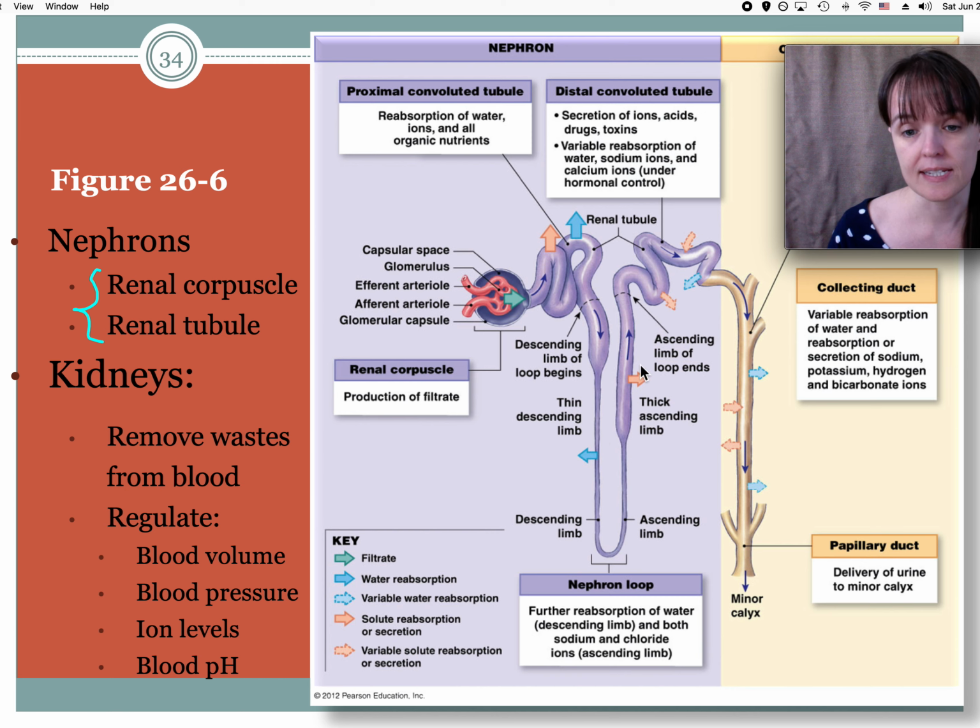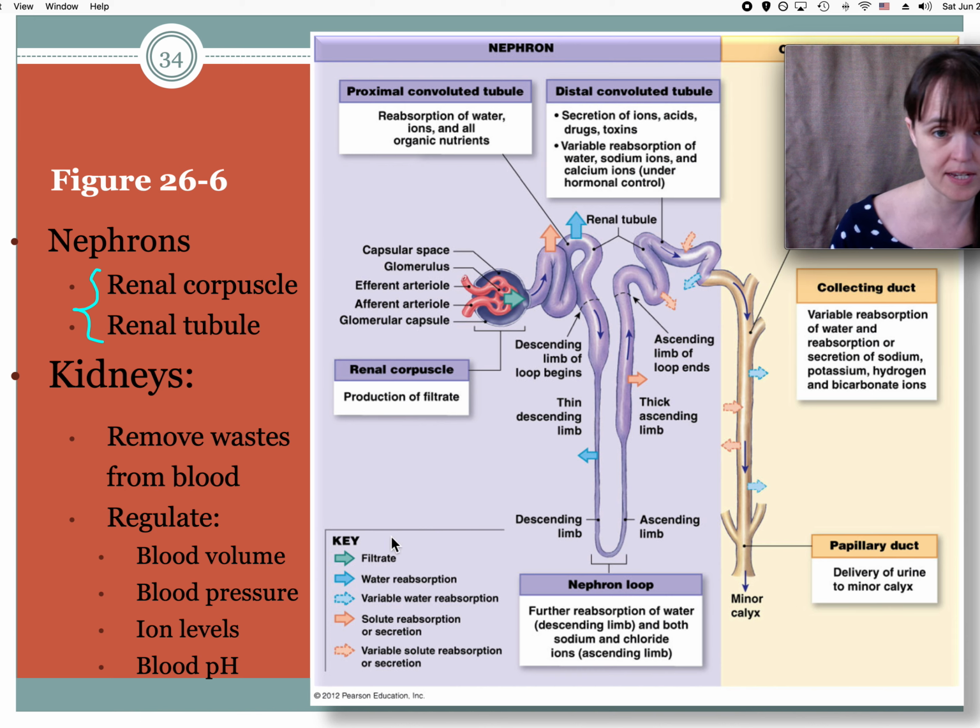And then the descending loop will function to increase the concentration of the tubular fluid. And then the distal convoluted tubule will take other wastes that are in the bloodstream and put them into the tubular fluid so that they will get peed out. And then there's lots of other things that you can do here that we will discuss.